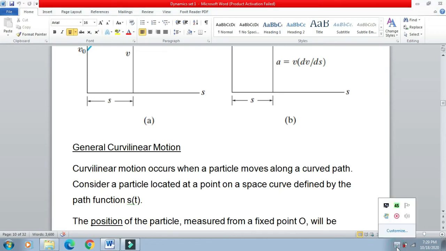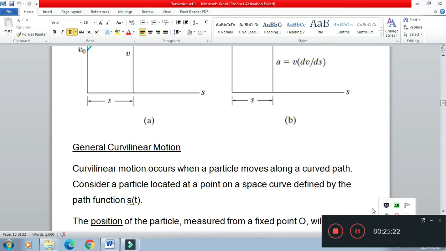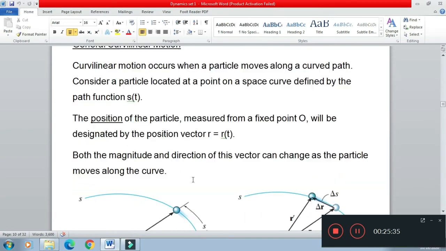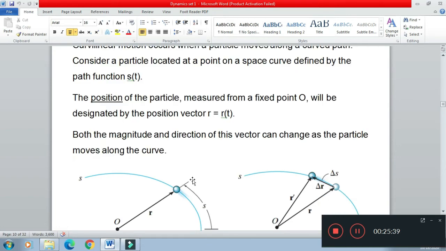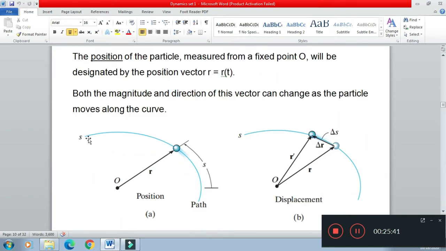The next topic is general curvilinear motion. Previously we considered rectilinear kinematics in which the particle was moving in a straight path. Now in this topic the curved path will be considered. To study the curved path motion or curvilinear motion, suppose this is the space curve and this particle is moving along this curved path.